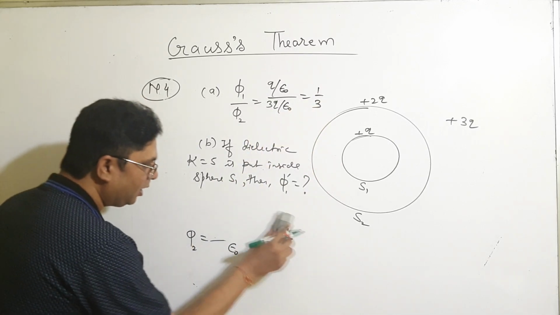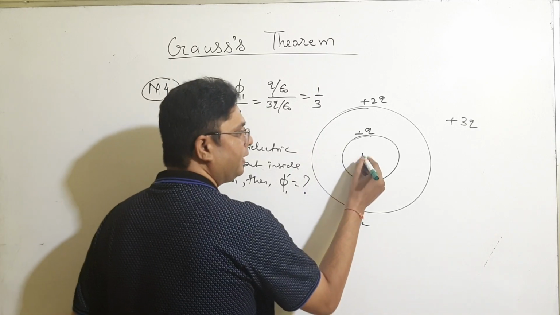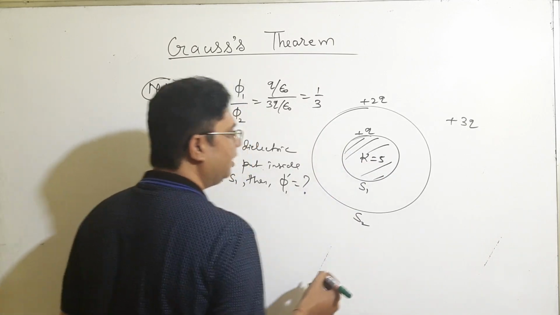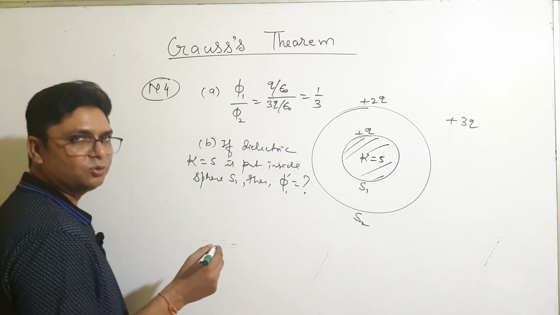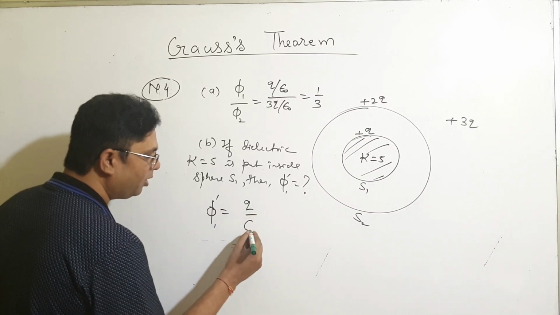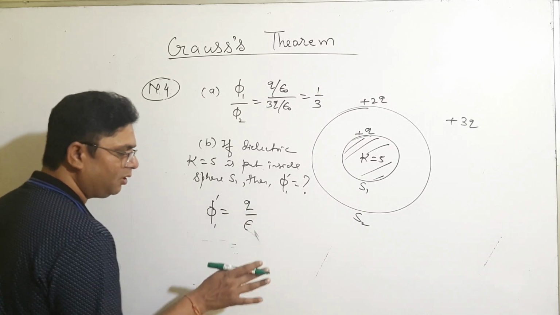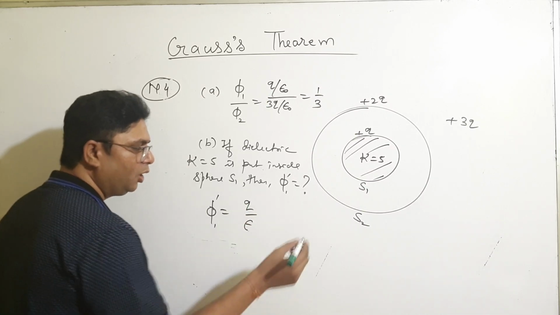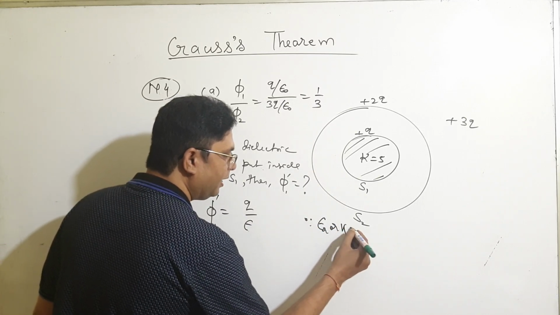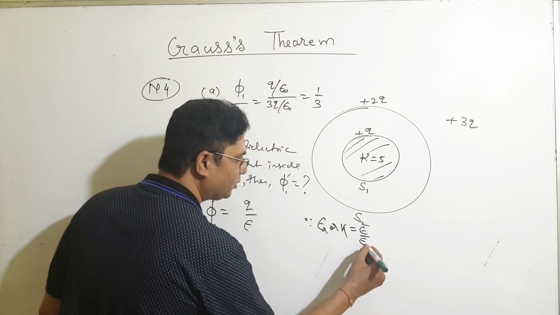Now in the second part of the question, K is equal to 5, a dielectric constant is placed and the flux is to be found. So phi 1 dash is equal to q upon epsilon, not epsilon naught, q upon epsilon. You know that epsilon r or k is equal to epsilon upon epsilon naught.